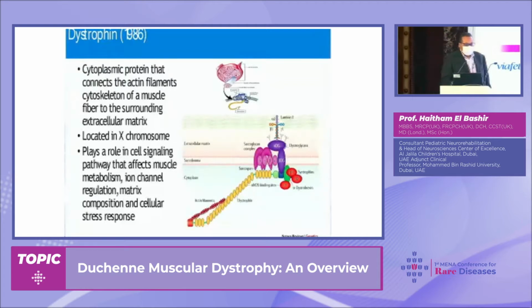So dystrophin is probably the largest, if not one of the largest, genes in the human body. It's a cytoplasmic protein that connects the actin filaments to the cytoskeleton. Usually in patients with Duchenne muscular dystrophy, this end is the one that is affected. It's located on the X chromosome, and it has many roles, but the most important one is in muscle contraction, ion channel regulation, as well as matrix composition and cellular stress response.